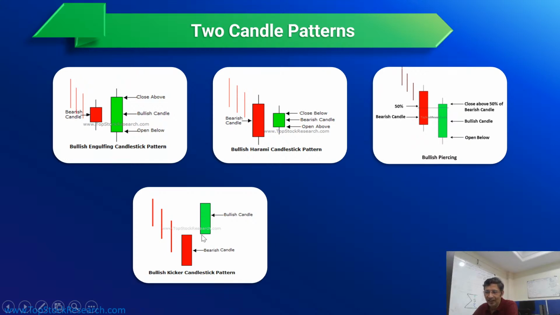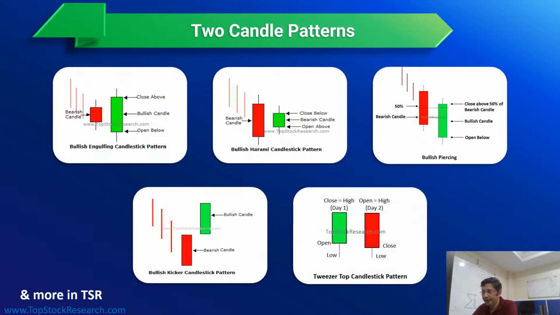What it means is that on this day the bull says that we are the boss. We start somewhere here, almost at this level, and they drag the market above. Now if these two candles are big, then the impact of the previous downtrend seems to be over. That's why it is called kicker. It's kicking the previous candle and taking it above there. So it's again a powerful pattern.